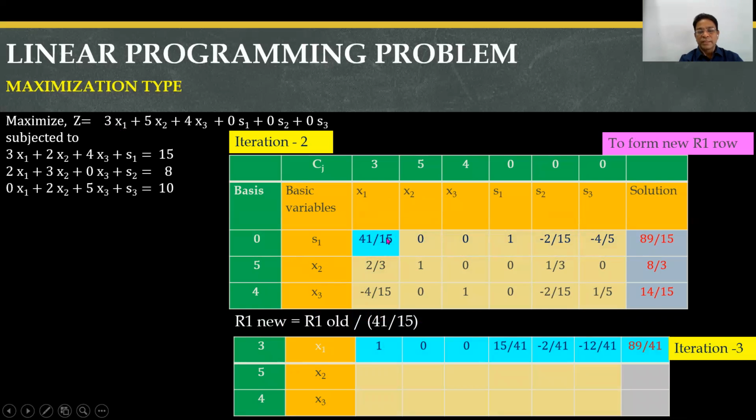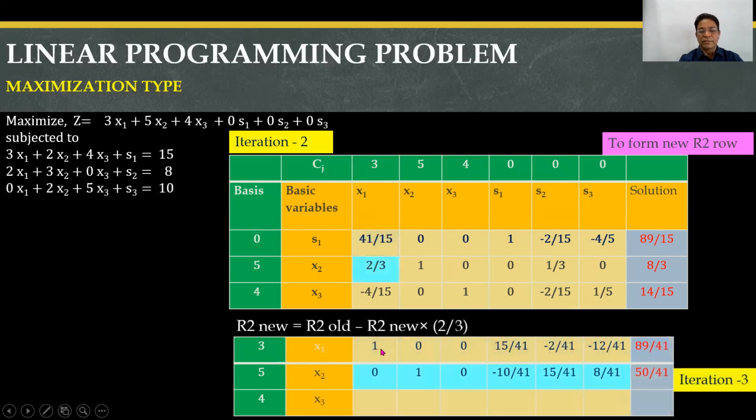And how to make this one? This is made 1 by dividing it by 41 by 15. So when we divide it by 41 by 15, we will get 1, and these elements will change accordingly. Now to make 2 by 3 as 0, what will we do? 2 by 3 minus 2 by 3 times of 1. So it will be like this.